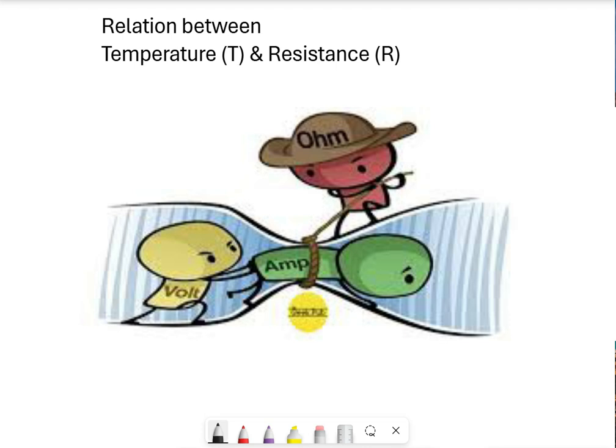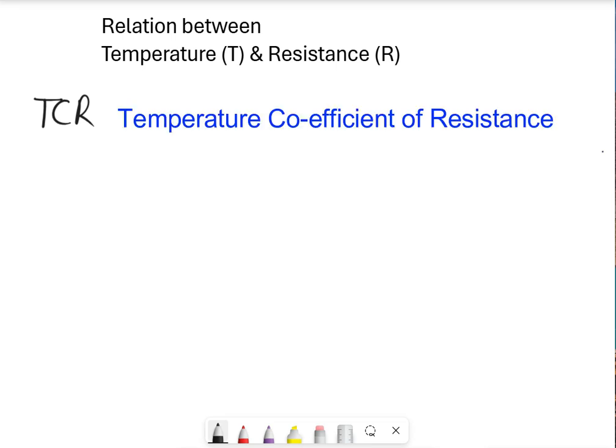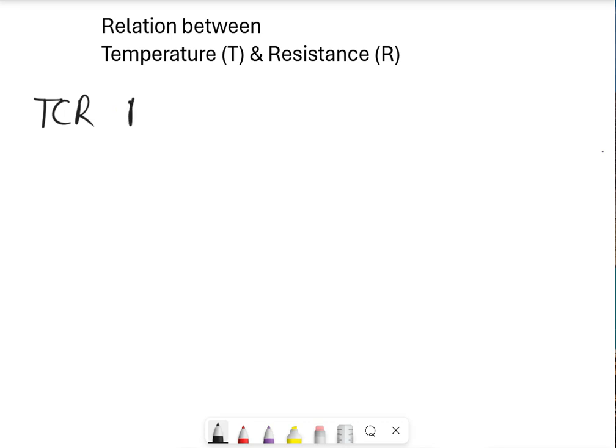So does the resistance. The TCR, temperature coefficient of resistance, is a very important and fundamental phenomenon for electrical and electronic circuits. When TCR is high, it means that the resistance changes significantly.